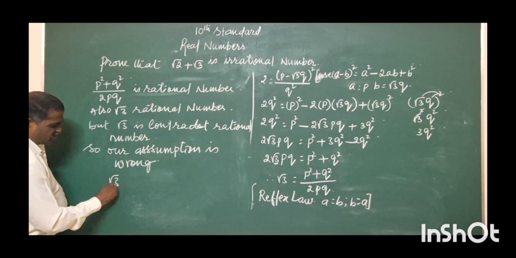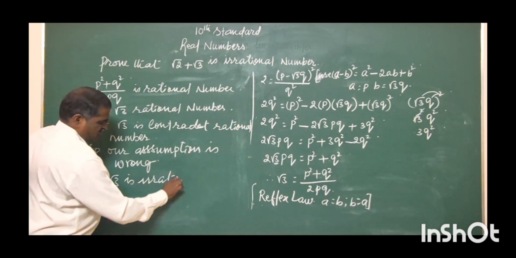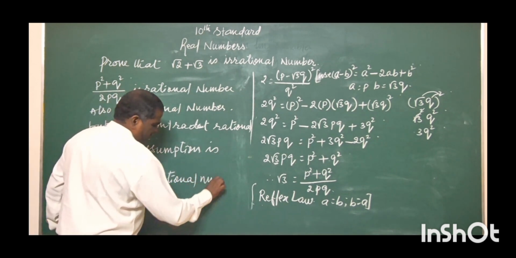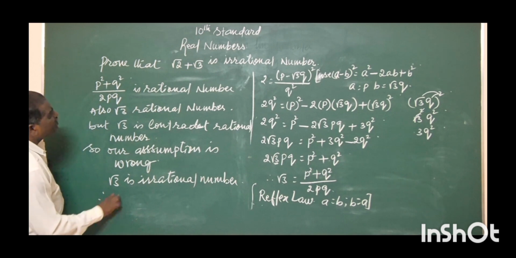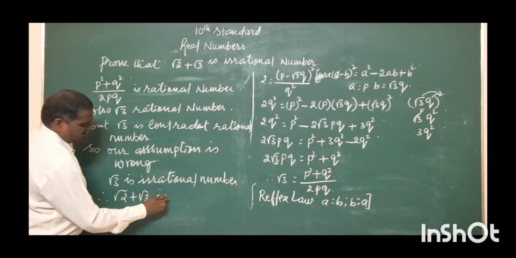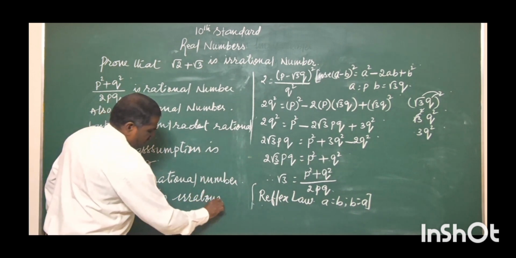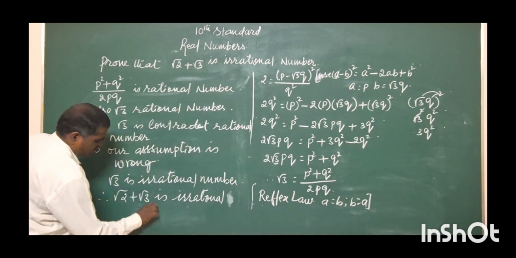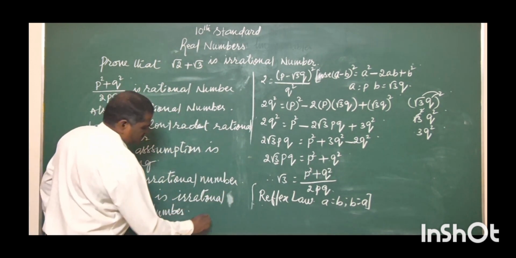Root 3 is an irrational number. Therefore, root 2 plus root 3 is an irrational number. So it is proved.